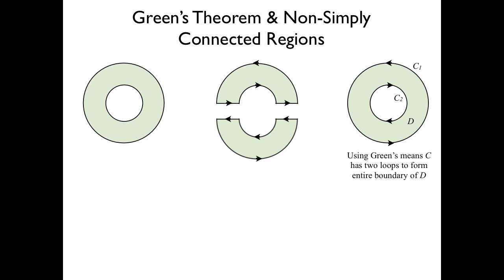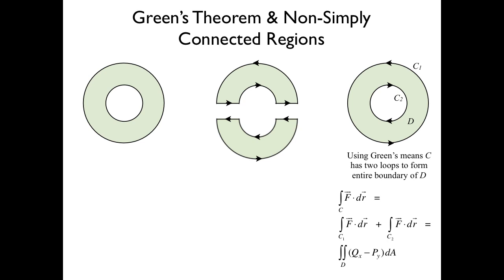Using Green's theorem means that C has 2 loops that form the entire boundary of D. So when we use Green's theorem, we've got to consider the whole boundary, which is in 2 pieces now, C1 and C2. All right, so here's Green's theorem. Your line integral is split up between the sum of the C1 line integral and the C2 line integral, and that equals the double integral over the region.